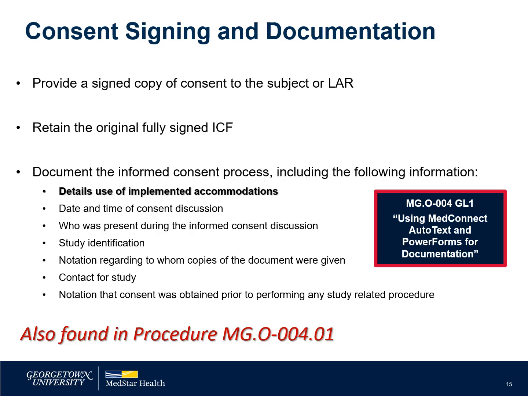The guideline titled MG-O-4GL1, Using MedConnect AutoText and PowerForms for Research Documentation, provides a template for documenting the informed consent process in the electronic health record. The same text can be used for a narrative note, which should be filed together with the consent form in the study binder.